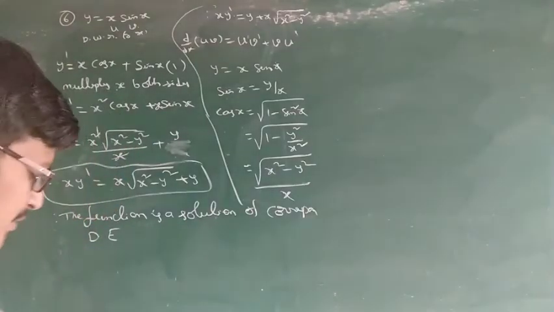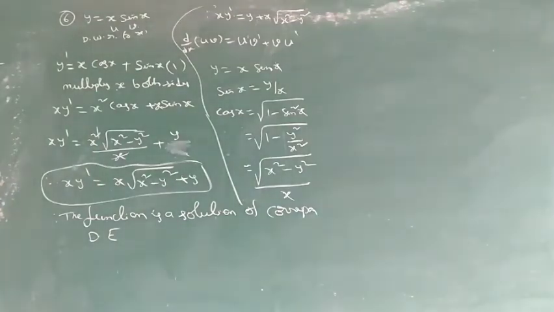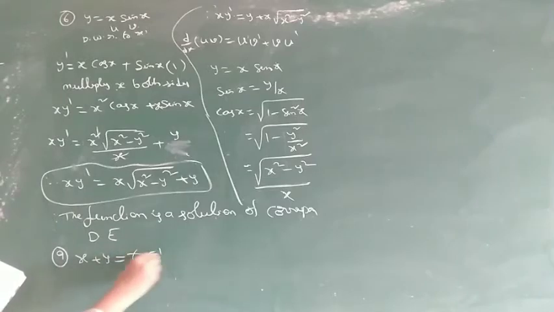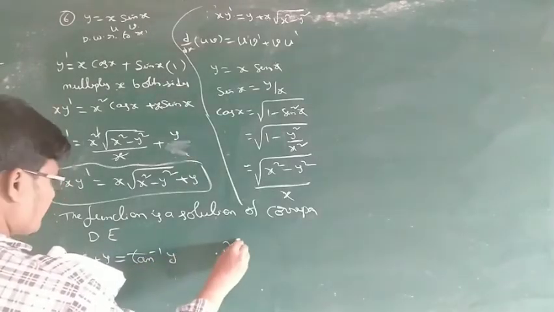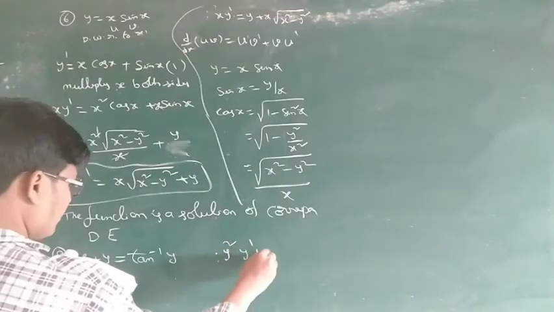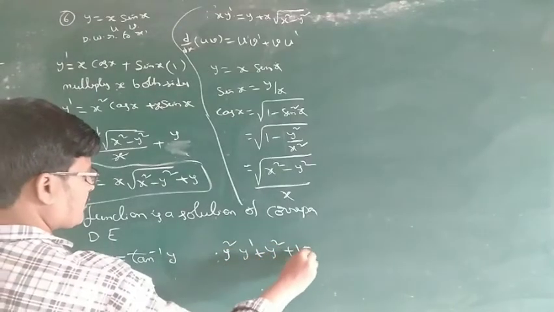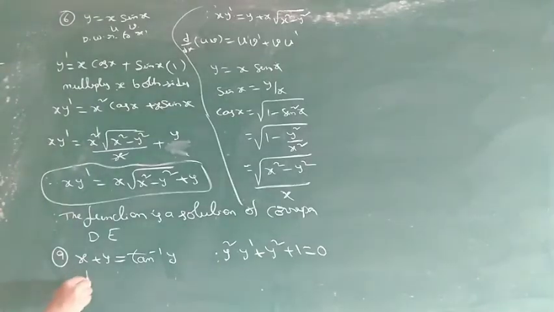These 9 problems are the same type. Okay, next ninth problem, last problem. Ninth problem, x plus y is equal to tan inverse y. Corresponding y square into y dash plus y square plus 1 is equal to 0.